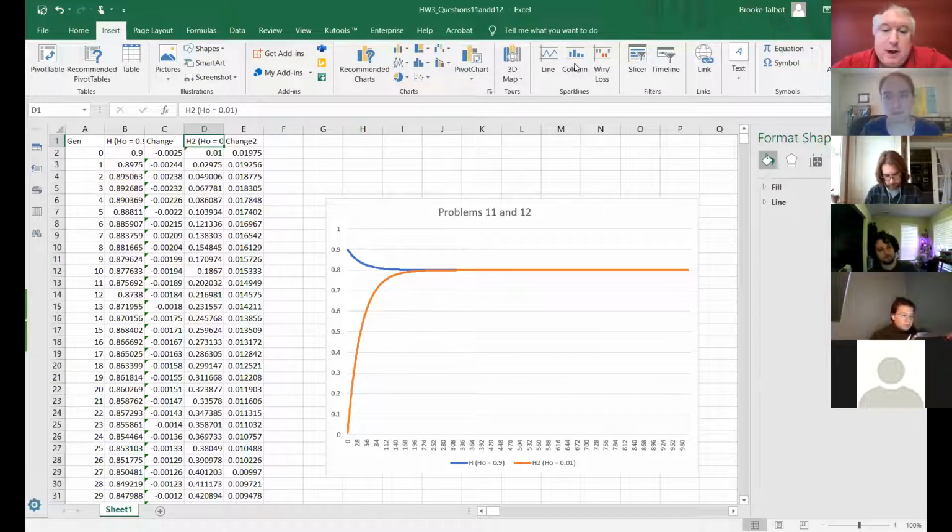This is exactly what I wanted you to see in problems 11 and 12. If you just iterate heterozygosity, finding the next generation as a function of this generation, and repeat for 1,000 generations, then if you start very low, it eventually gets quite high, or at least it might. In this case, it does.